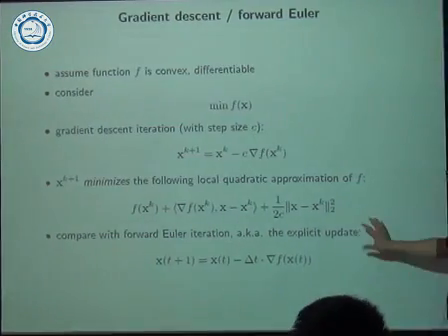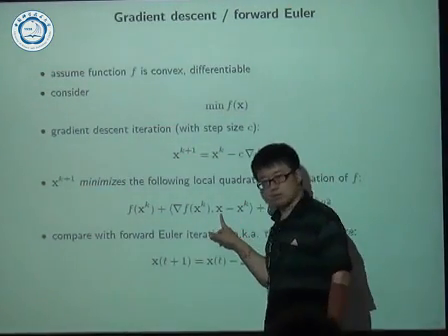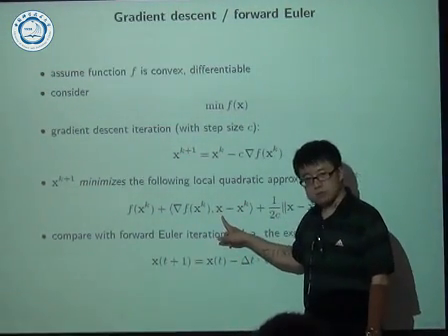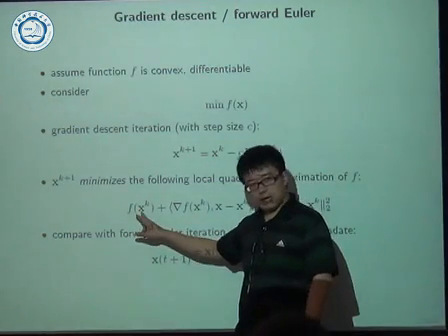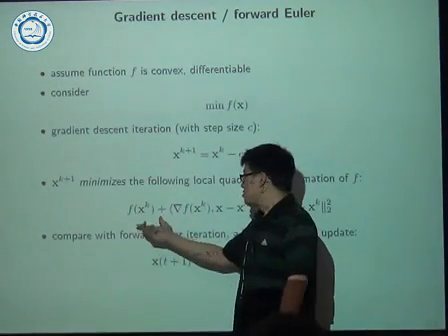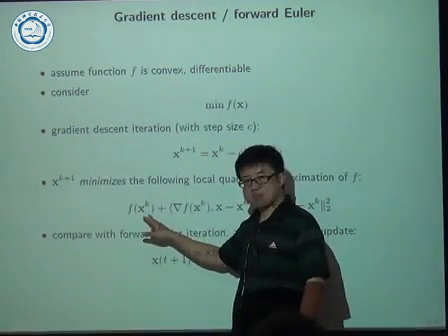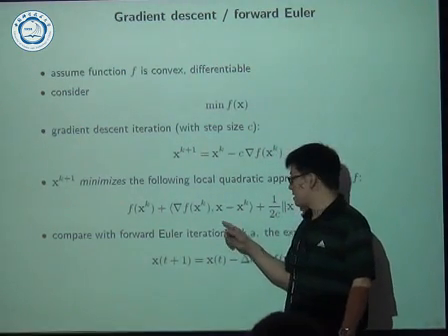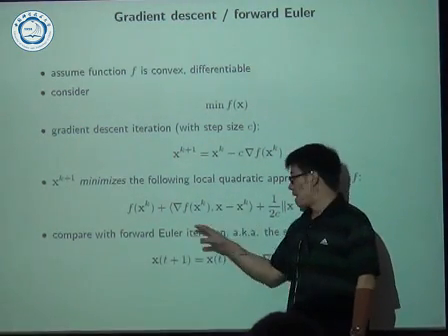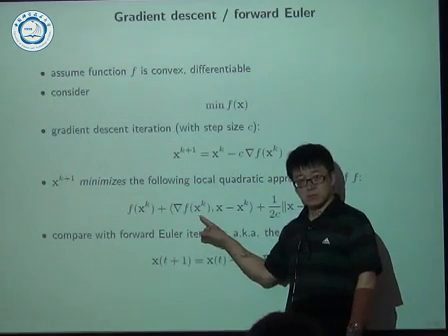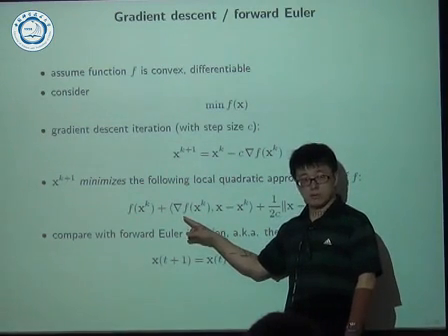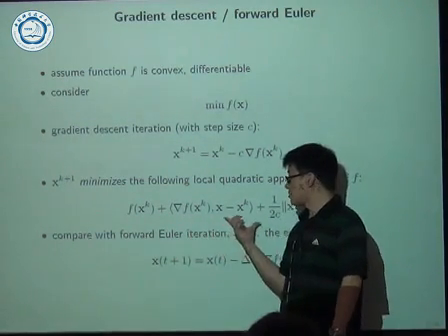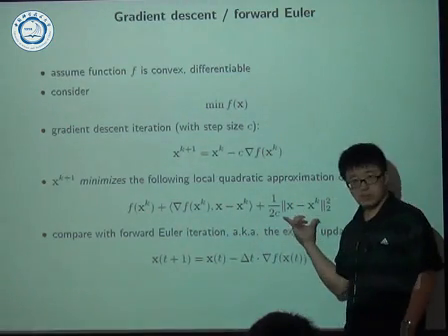This is a function of x, where x is the variable and f of xk is fixed. So you're looking at a fixed value plus a linear approximation. Linear approximation means that this is a linear function, and I use the gradient, the slope of the function, to approximate the function linearly, and I add the quadratic term.